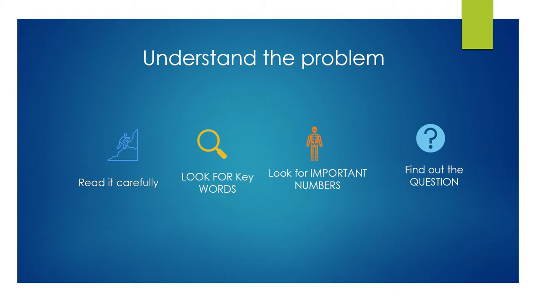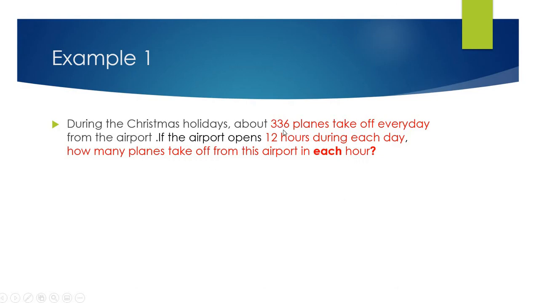To understand a word problem, first read it carefully once, then read it again, looking for keywords, important numbers, and of course the question that the problem asks. You can underline or highlight the important information.